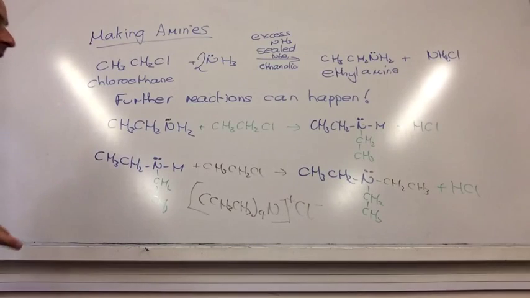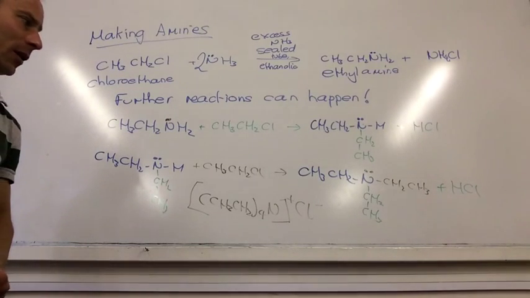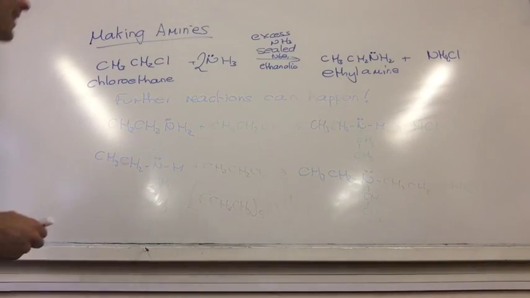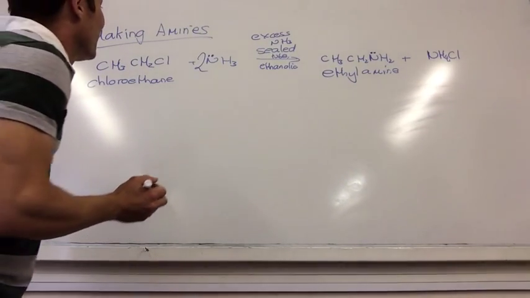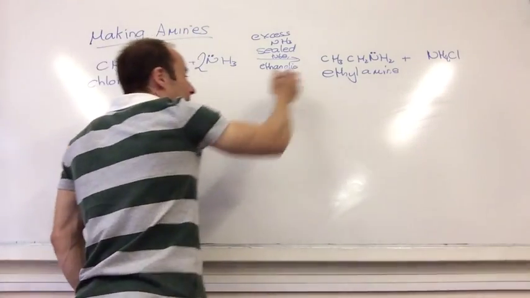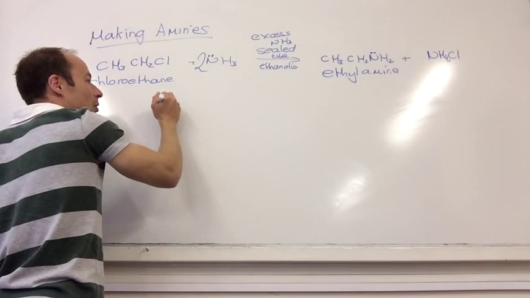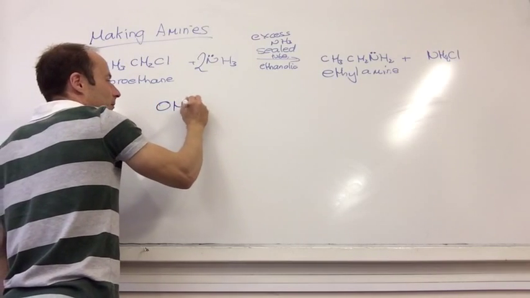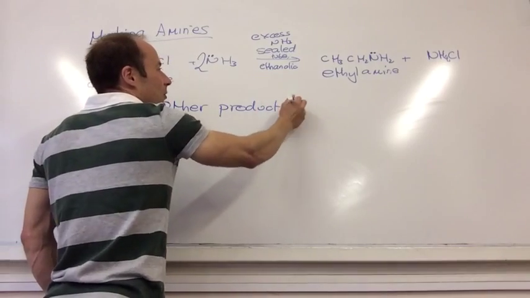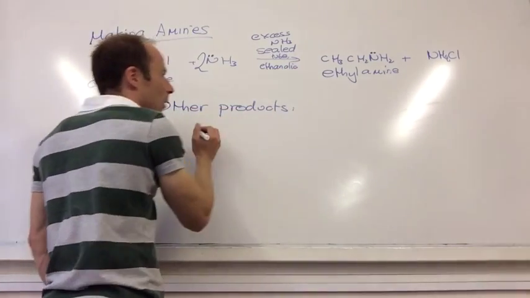But there's an easy way to work it out. This is how you make it, and then these are going to be your other products. So the way to do it is you just say, okay, that's product number 1.